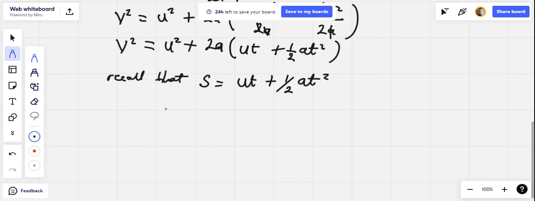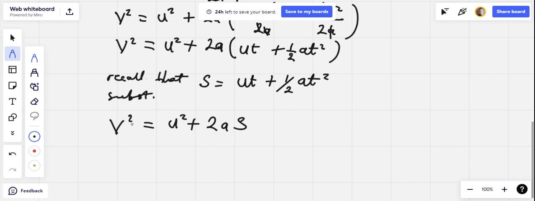AT squared. So if you substitute that here, you now have that V squared equals U squared plus 2AS. So this is the fourth or the last equation of uniform motion or rectilinear motion that we develop.